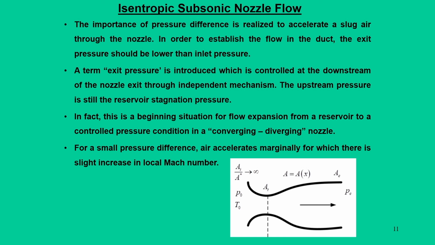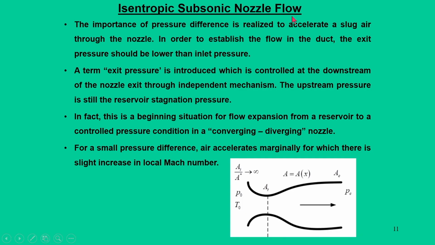Normally this is not a routine practice for a flow in a convergent divergent passage, and that too for a subsonic nozzle. It is not a conventional practice, but it can be treated as a starting situation. That means, when a nozzle is started, it has to start from a subsonic solution, and finally land on the supersonic value. For example, if you want to maintain this area Mach number, pressure ratio, temperature ratio, whatever we established, all of a sudden we cannot achieve these ratios.